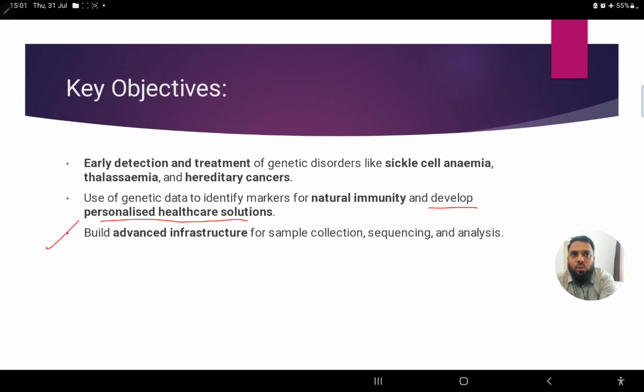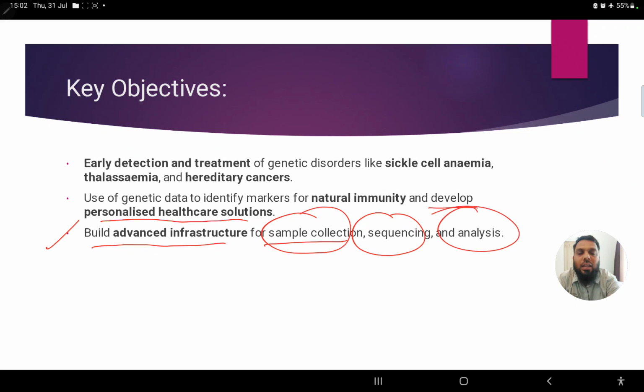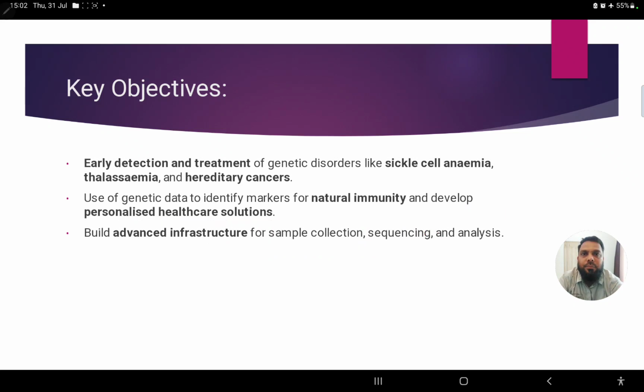Again, the Gujarat government also wants to build advanced infrastructure for sample collection. See, with this particular project, infrastructure is also required, right? So the government wants to build advanced infrastructure for sample collection, sequencing, and also analysis of the data collected.